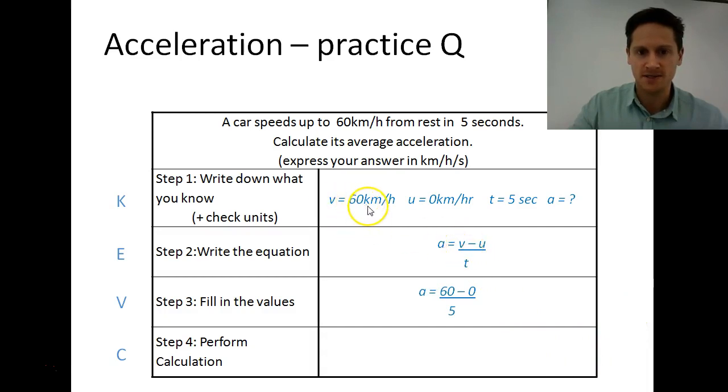Substitute the V for 60, etc. Okay. Then you perform the calculation in your calculator, and you're going to get 60 divided by 5, and you get an answer of 12 kilometers per hour per second. So if I could get you to please pause the video again and record that information in your books, just as an example of how to answer these questions.